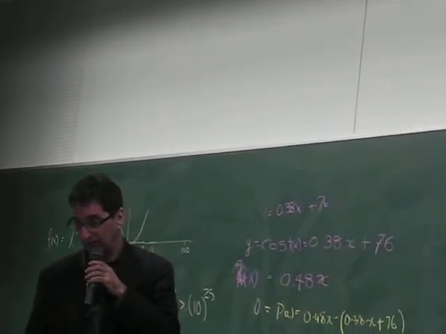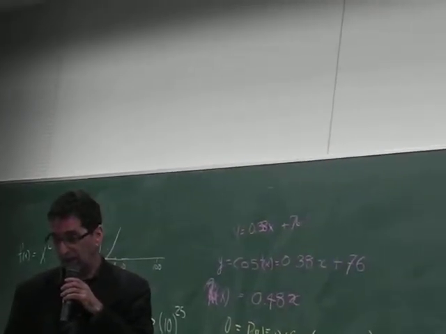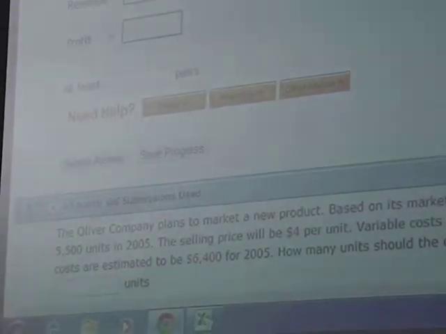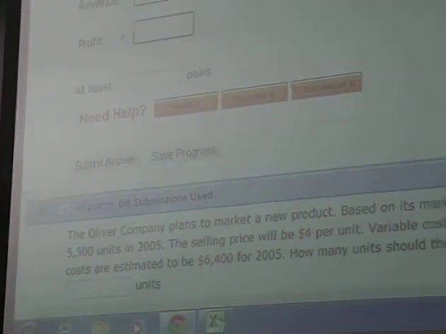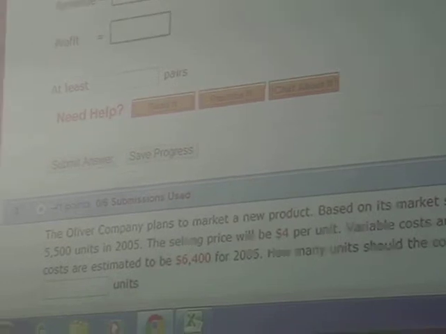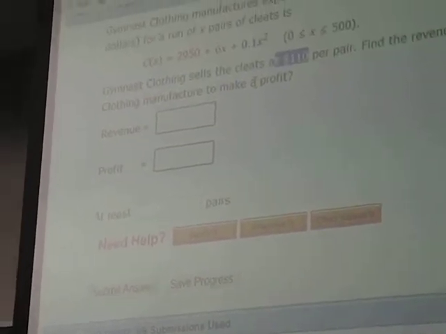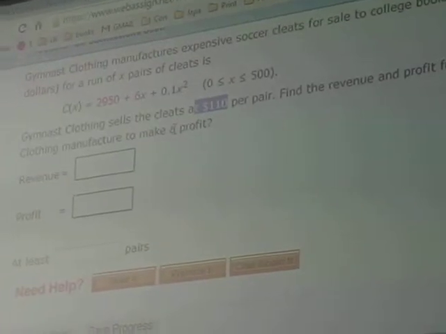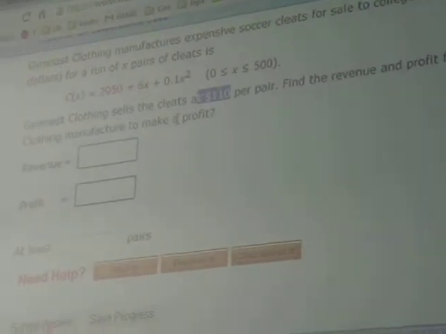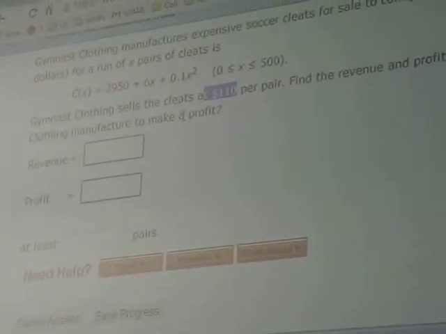So they say here, how many should they sell to make a profit? The answer is going to be something like more than something, at least something. And what's the at least going to be? We just need to find the break-even point again.